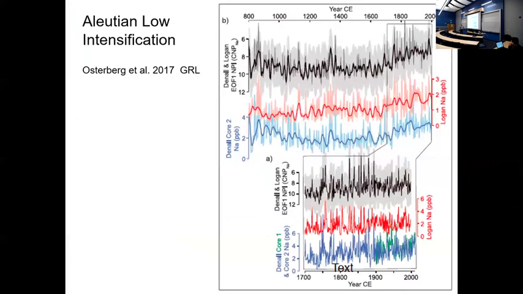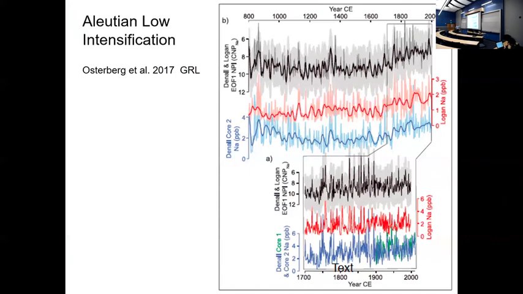All right, so there's really two papers, the results from two papers that I want to share with you in the next 15 minutes. One was led by Eric Osterberg. We were all authors on it, looking at how you might reconstruct that Pacific North American pattern using something called the North Pacific Index. What we're showing here is the Denali sodium record.